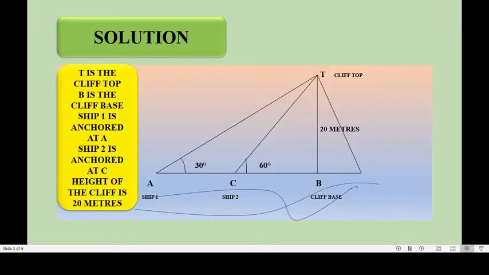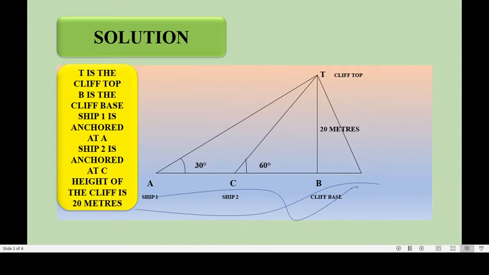Here, an observer is standing on the top of a cliff, the cliff base is at P and the top of the cliff is at T. From here the observer observes the two ships, ship 1 anchored at A and ship 2 anchored at C. The two angles are 30° and 60° from the observer to the ships anchored at A and C respectively, and the height of the cliff is 20 meters.